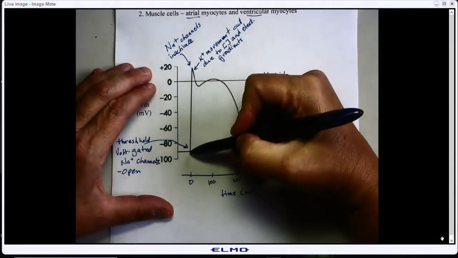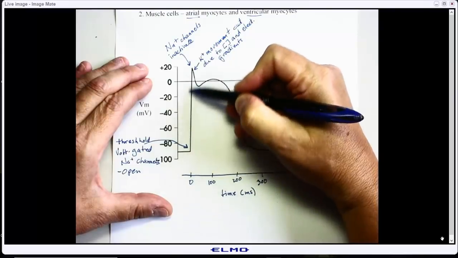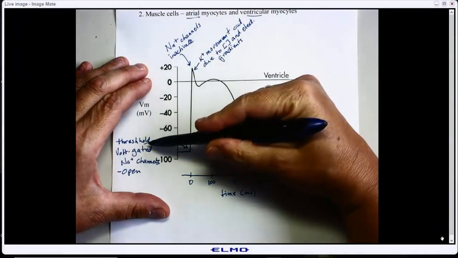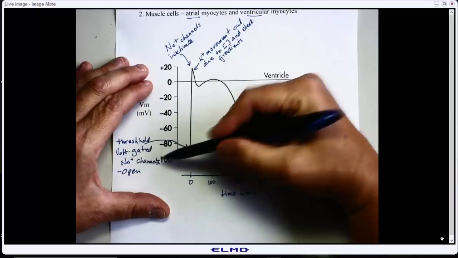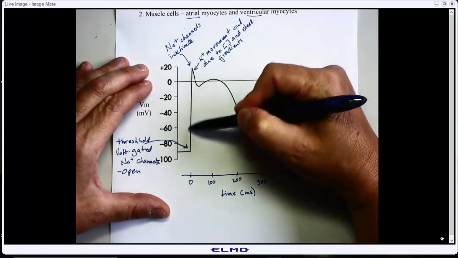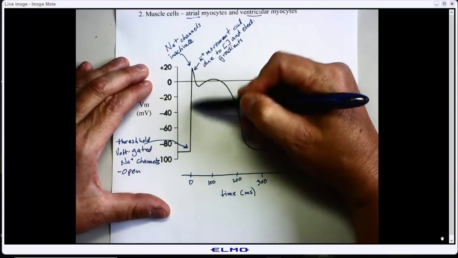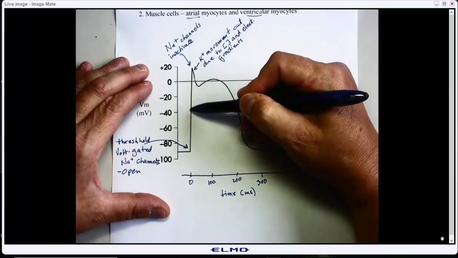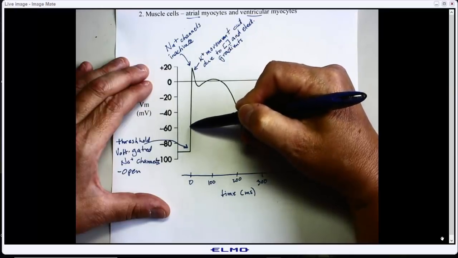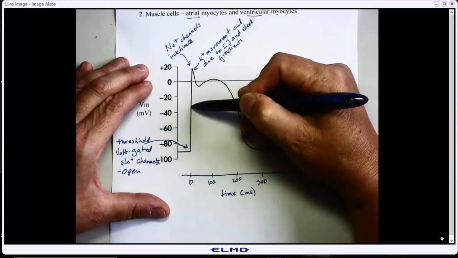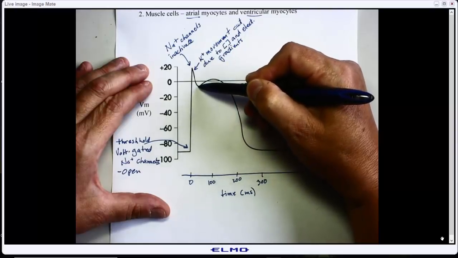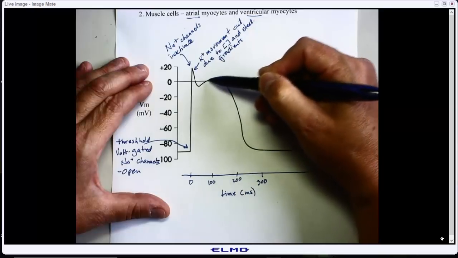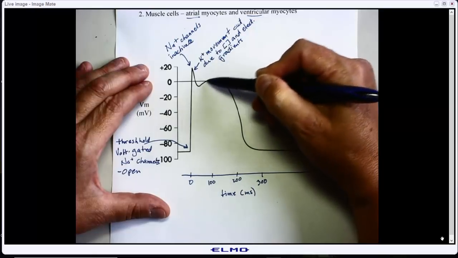But while we were rapidly depolarizing due to the opening of the voltage-gated sodium channels, we hit threshold somewhere in here for voltage-gated calcium channels. Those voltage-gated calcium channels are a little bit slower to open. So along here we're opening them, and then we start to have calcium rush in. So we start to depolarize due to calcium. You start to see this secondary depolarization occur because calcium is now coming in.